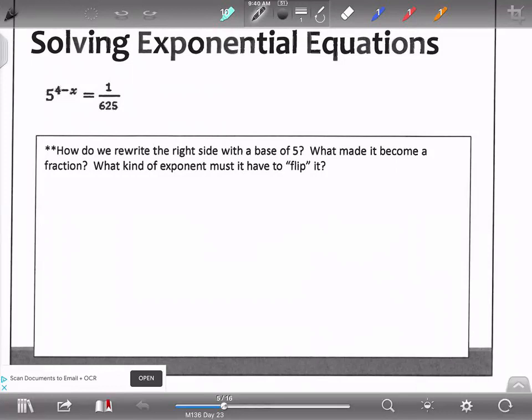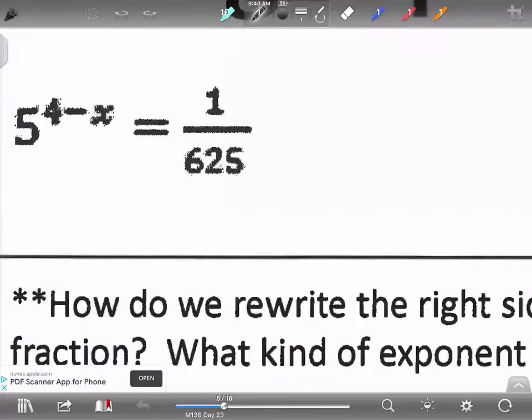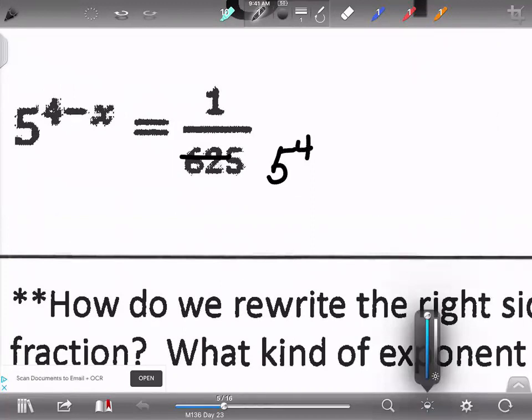So in your calculator, do some experimenting and figure out 5 to the what power is 625. Yep. So in this case, 625 is 5 to the 4th power.